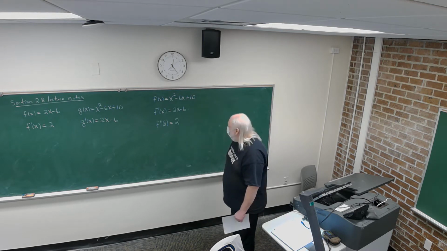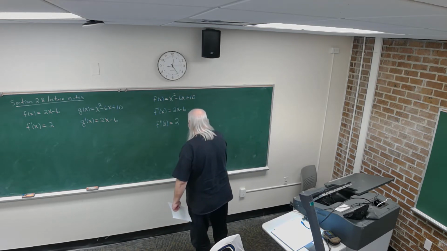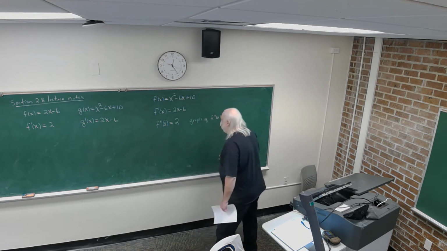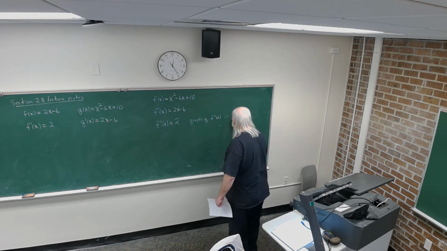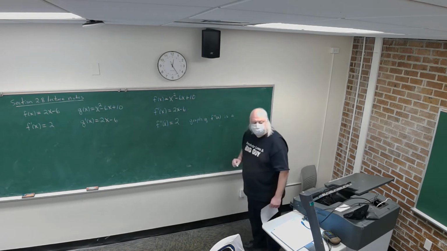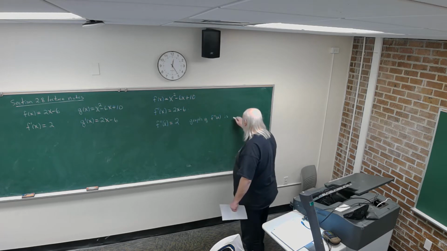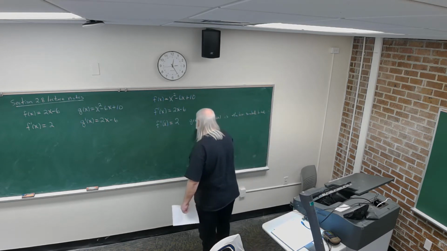Now, the graph of f double prime of x, the second derivative of f of x, is a horizontal line. The graph of it is the horizontal line y equals 2.